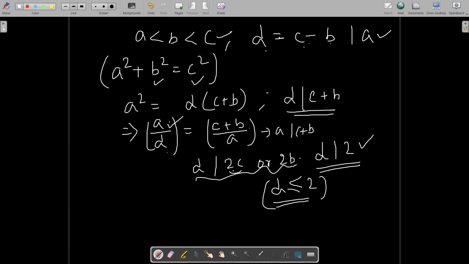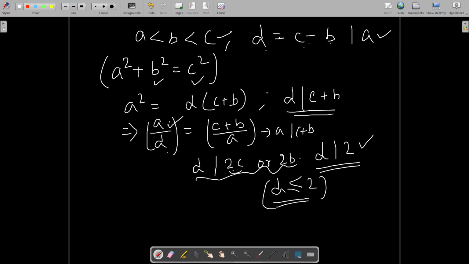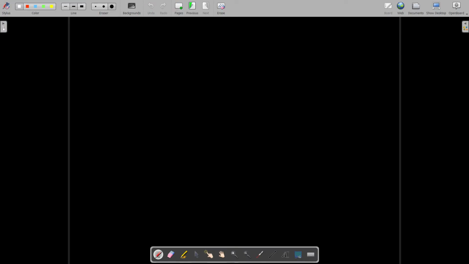So there could be a lot of pairs because they have asked for all the pairs which have perimeter less than 100. So all the possible triplets a, b, c with perimeter less than 100. Now here's the catch. We have d less than or equal to 2.